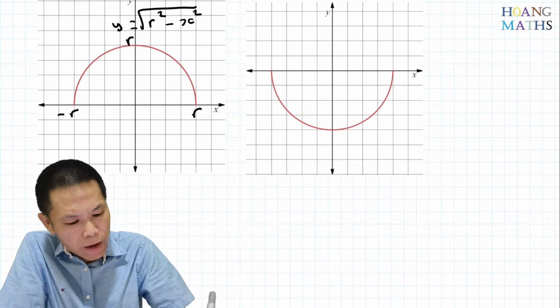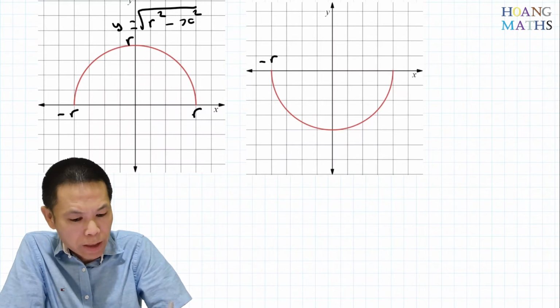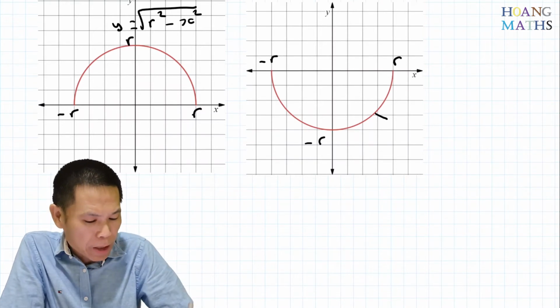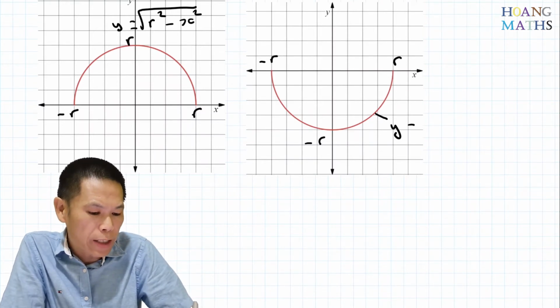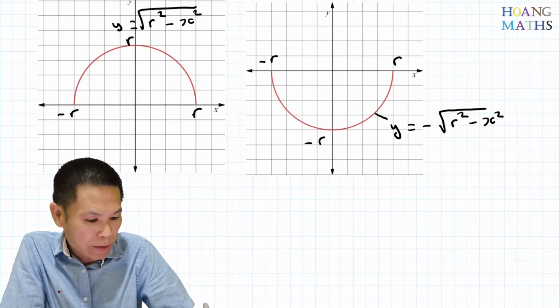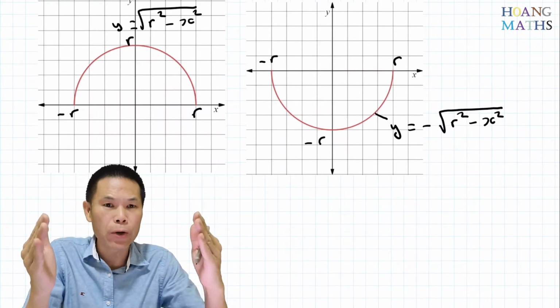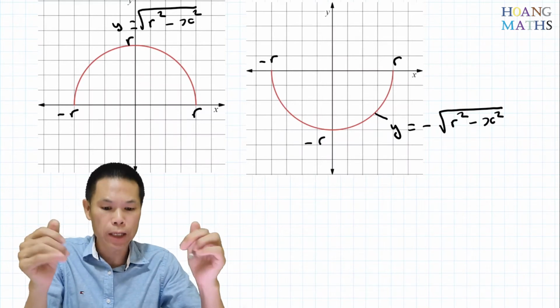Now the bottom half, of course, I just write negative r and r because the radius is r. The equation for this is y is equal to negative the square root of r squared minus x squared. So this is it for a semicircle, okay? Please take note of this.